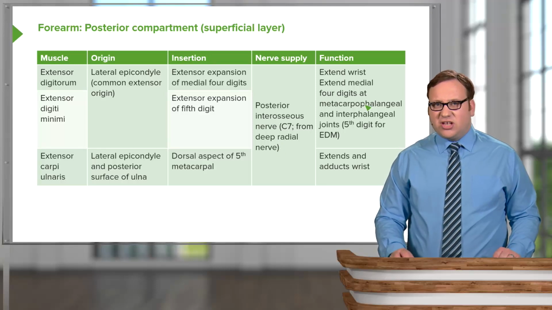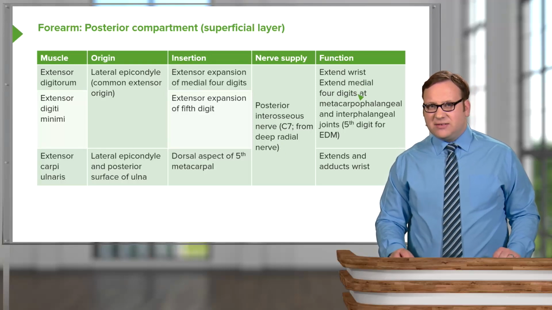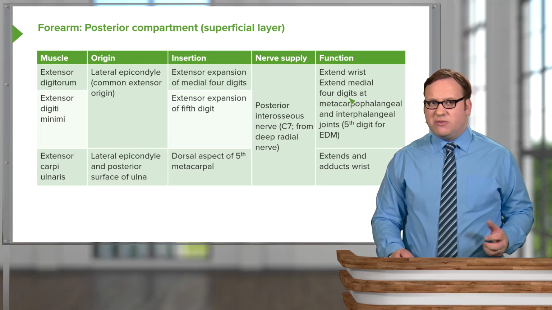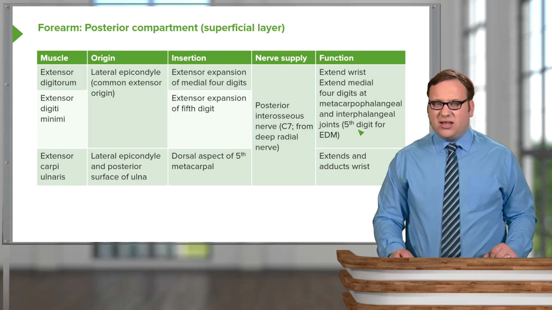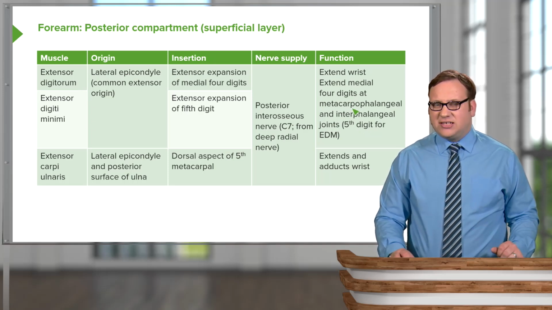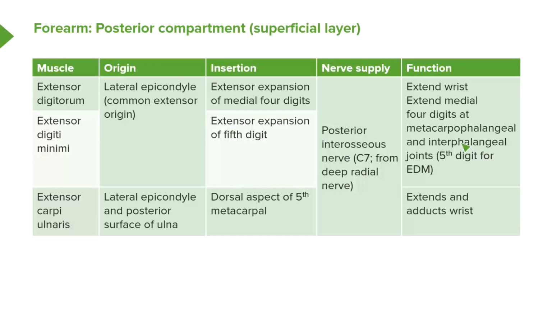They're both associated with extending the wrist. They extend the medial 4 digits if you're extensor digitorum, and the 5th digit for extensor digiti minimi. They extend the digits at the metacarpophalangeal and interphalangeal joints, and they do this by attaching to those extensor expansions.